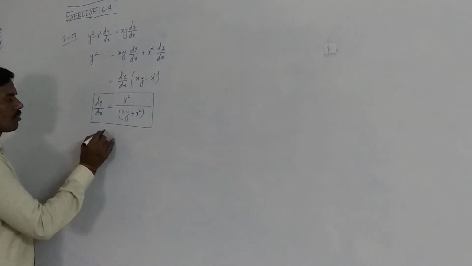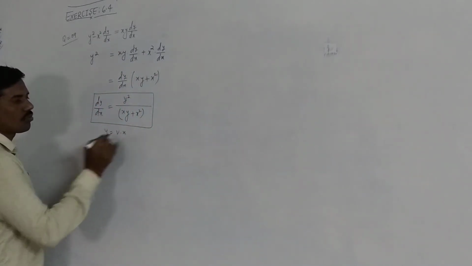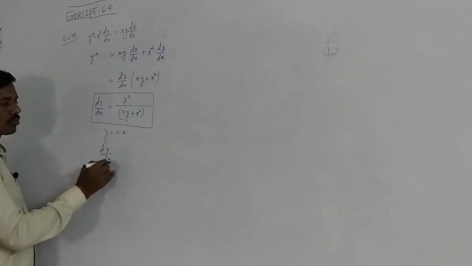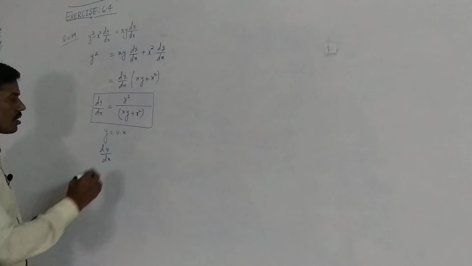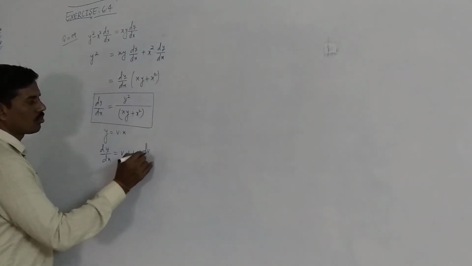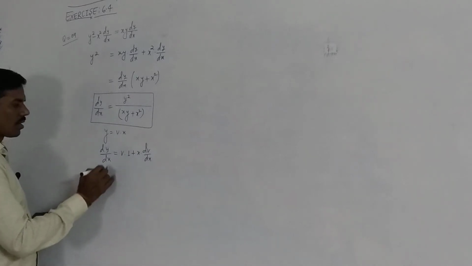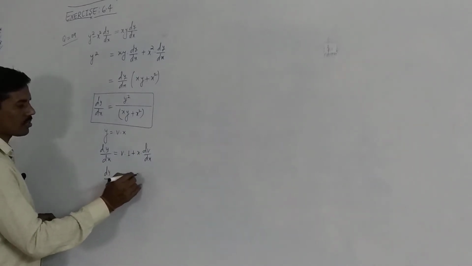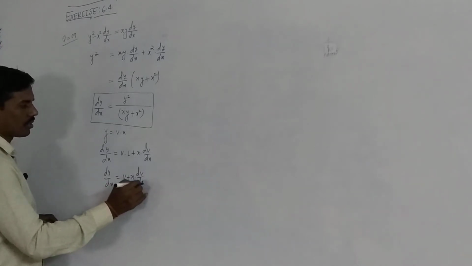So for that we have to put y is equal to v into x. Taking derivative of both the sides with respect to x, we get v into 1 plus x into dv by dx, so dy by dx is equal to v plus x dv by dx.